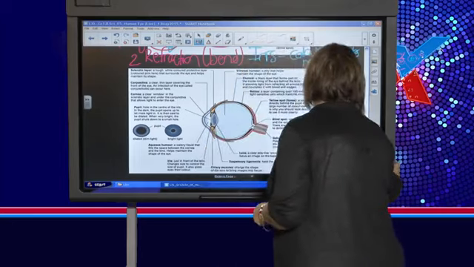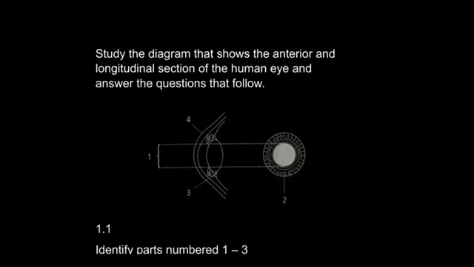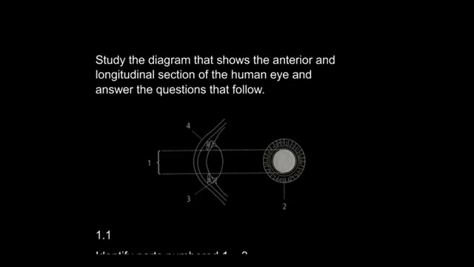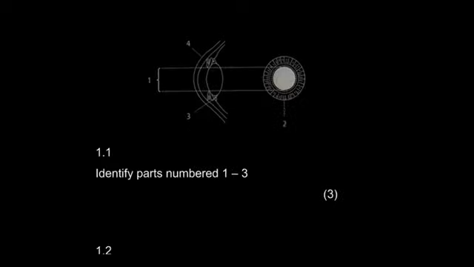So if I go to this question over here, it says study the diagram that shows the anterior, now let's change color, the anterior, that means front, and the longitudinal section, that means a side. So when it comes to the diagram of the eye, you need to look very carefully.